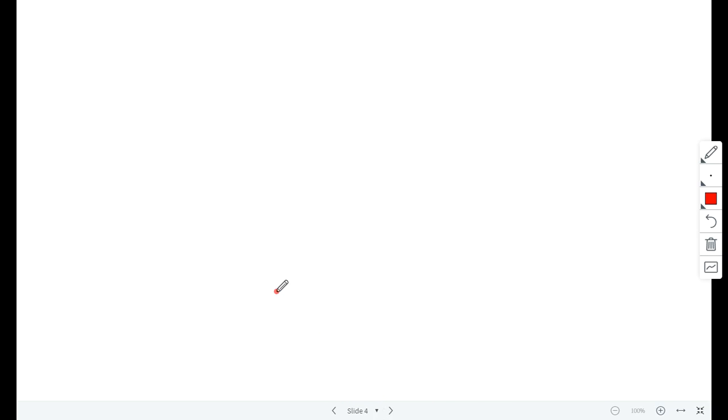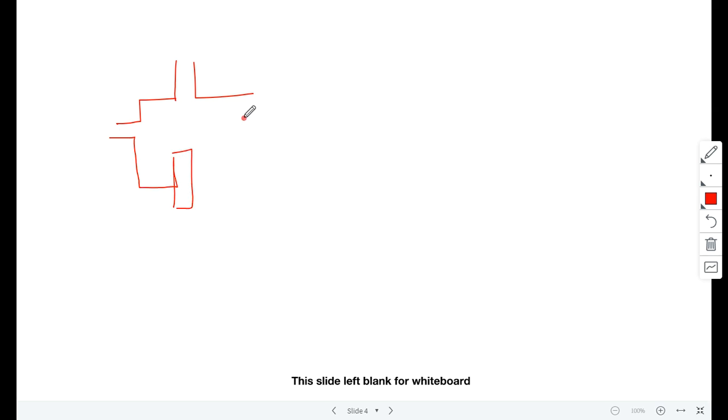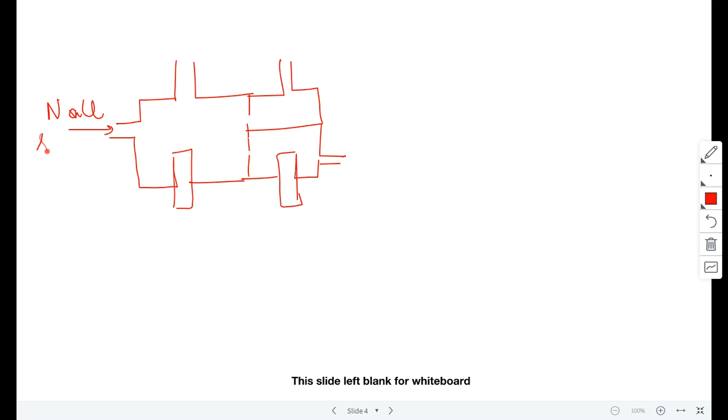Okay. So now I'm going to show you a diagram. We have a diagram like this, and here we put NaCl solution.